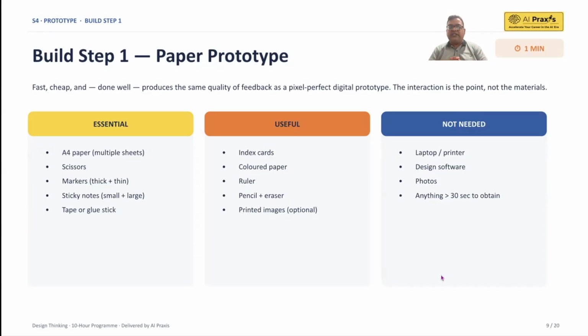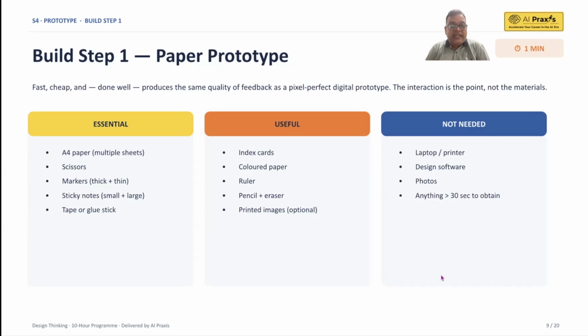Now, notice what's listed under not needed. You don't need a laptop. You don't need design software. You don't need photographs. Okay. And you definitely should not spend time searching for fancy materials. In fact, if something takes more than 30 seconds to find, skip it and start building. Remember, today we are testing an idea, not an artistic skill. I have seen some of the most effective prototypes drawn with simple stick figures and handwritten labels.